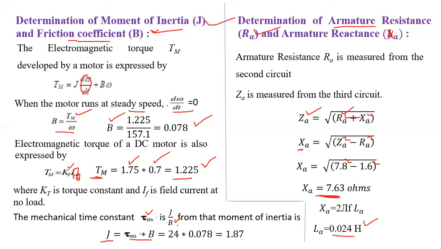That was previously checked, and it came as 24 seconds, and 24 into 0.078 will give 1.87.